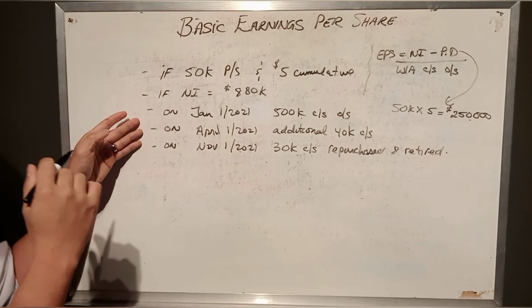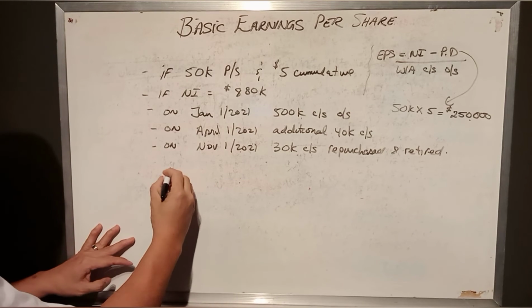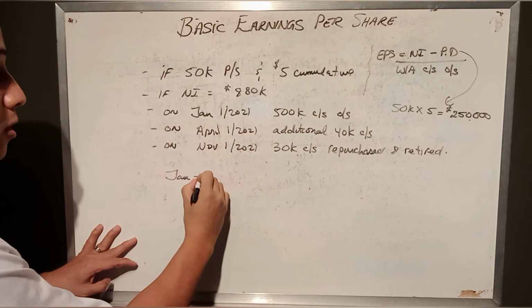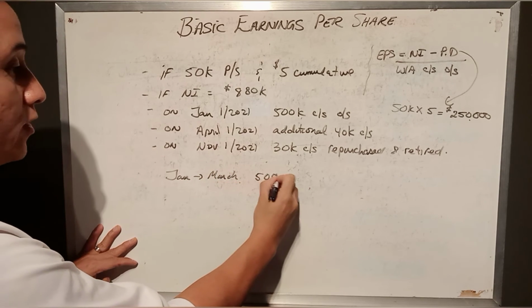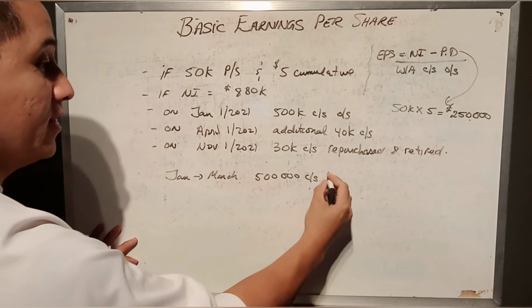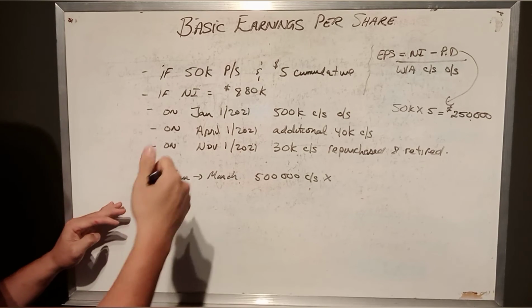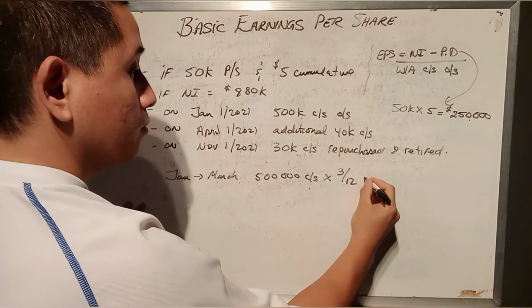Now, we have to calculate what the weighted average is here. From January to March, we have 500,000 common shares. That's only 3 months, January, February, March, so multiply by 3/12, prorated.